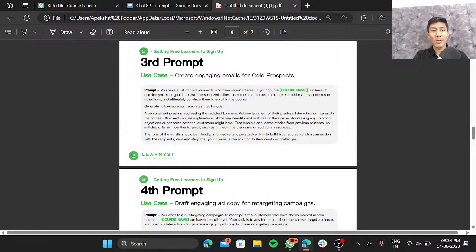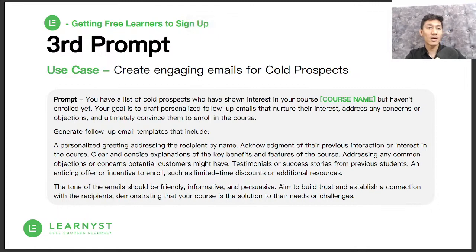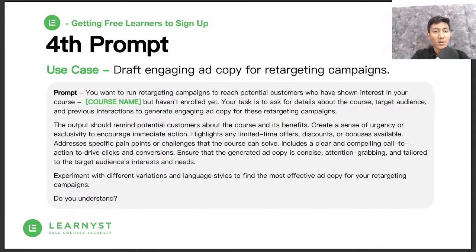So moving on to the fourth prompt. Now I'm not going to show how you can do it on ChatGPT. I think it's pretty clear how you can work with ChatGPT. So the fourth prompt is how you can draft an engaging ad copy for retargeting campaigns. So some of you would be running Google ads.